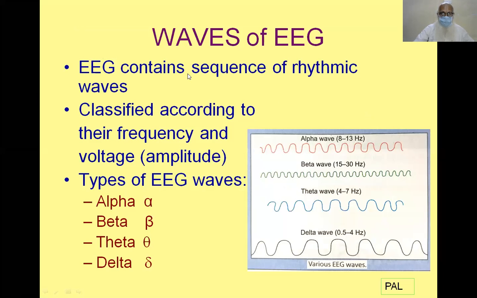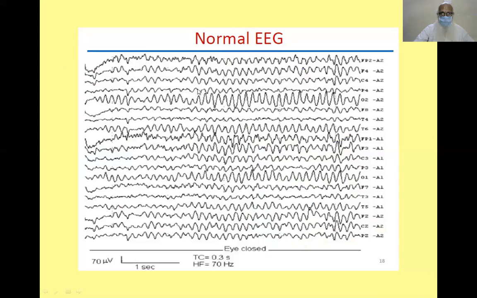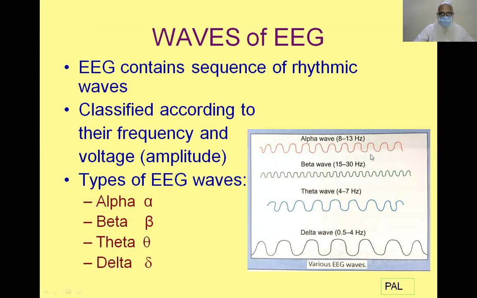Now, normally this is done with the eyes closed. Now, the waves are alpha, beta, theta, and delta. Essentially, they are classified according to the frequency and amplitude.